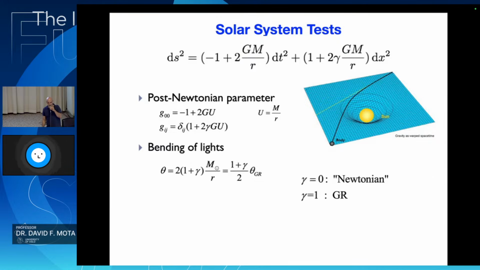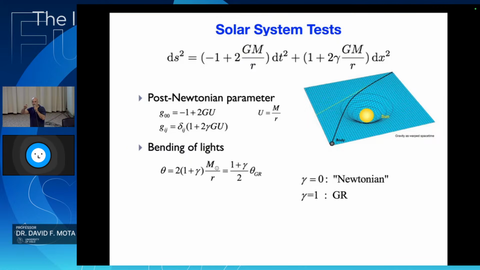Okay, so for Newtonian gravity, gamma is equal to 0, and that's the way Einstein ruled out Newtonian gravity in the solar system, because the value that we get is the GR value, not half of the GR value, which would be your Newtonian part. And for general relativity, your gamma is just equal to 1. Okay, so the bending of light is just the GR one.